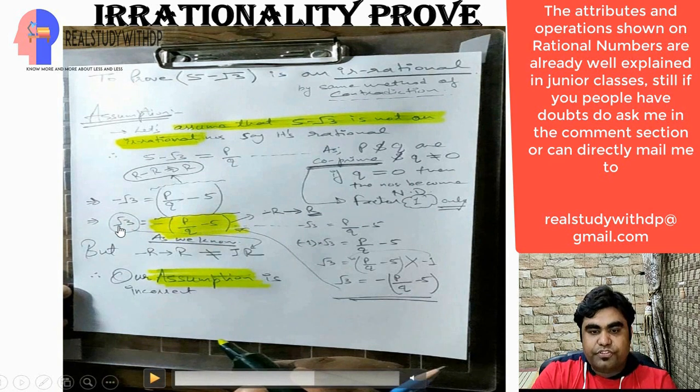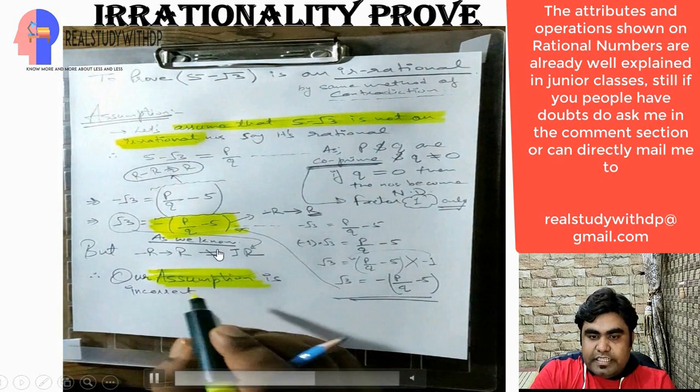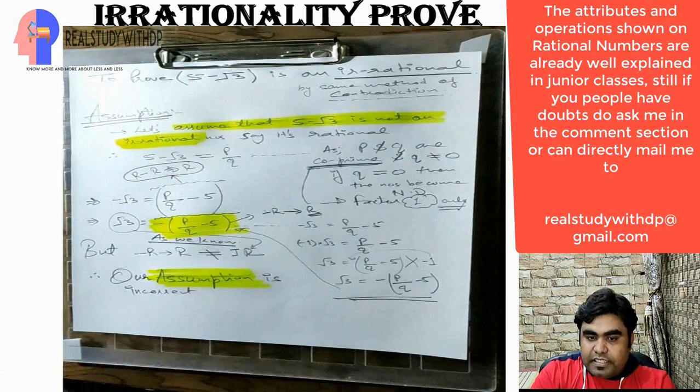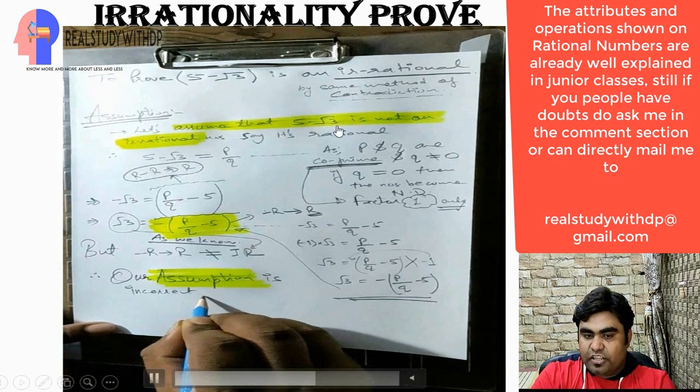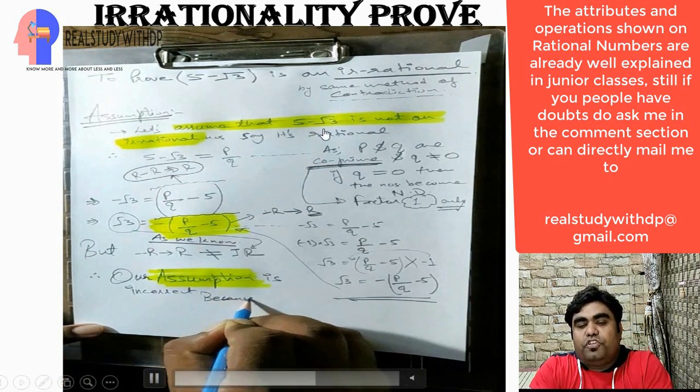But now here comes the contradiction. Negative rational is rational, which cannot be equal to irrational. See, this yellow portion is the rational part. Okay, see, this whole yellow part is the rational part, but this one is irrational. So how is this going to be possible?